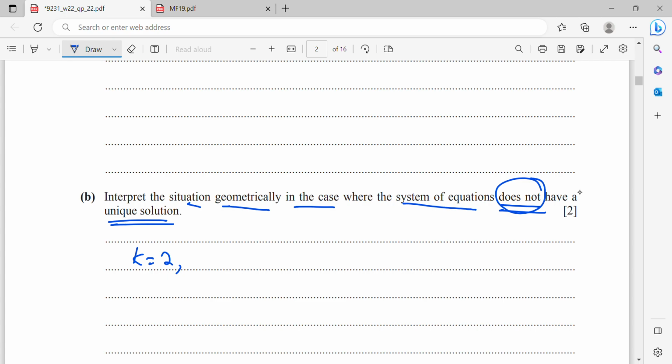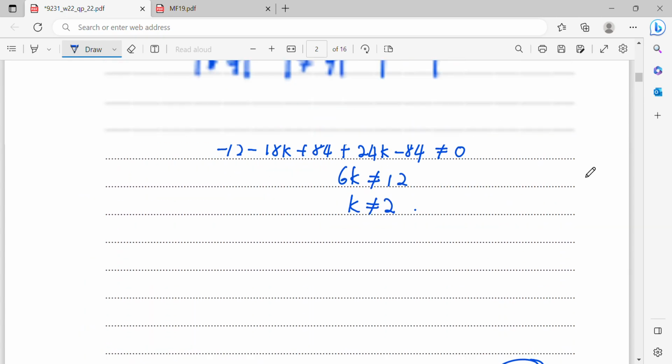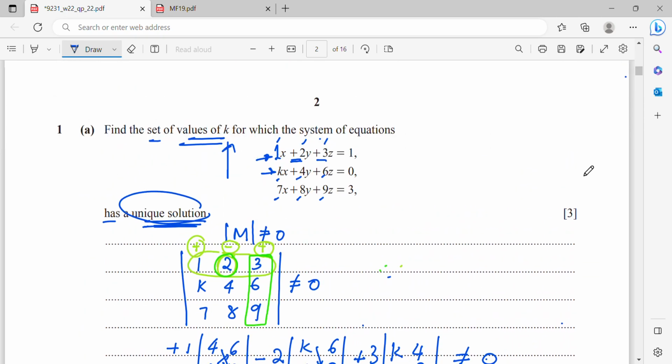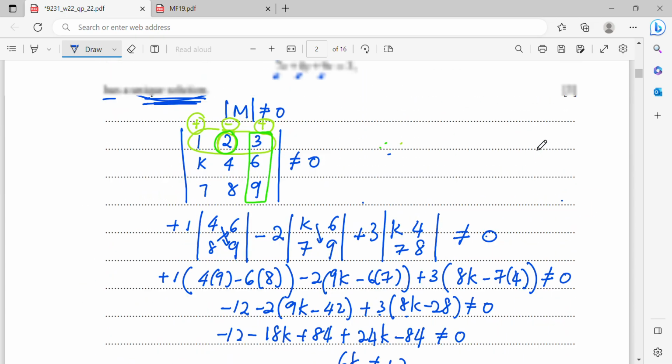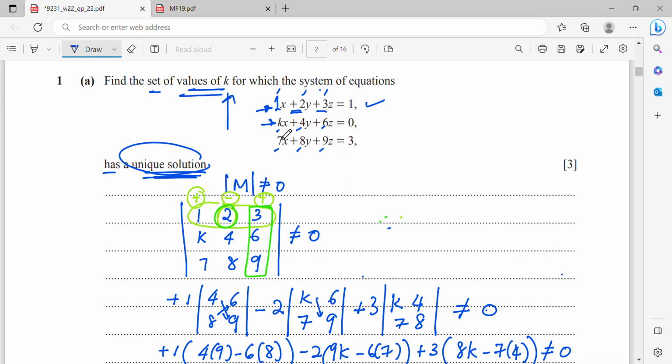So I'm going to replace the k by 2 in the system of linear equations here. So you rewrite the equations. The first will be x plus 2y plus 3z equals 1. Then my second equation, my k is 2, so the second equation becomes 2x plus 4y plus 6z equals 0.